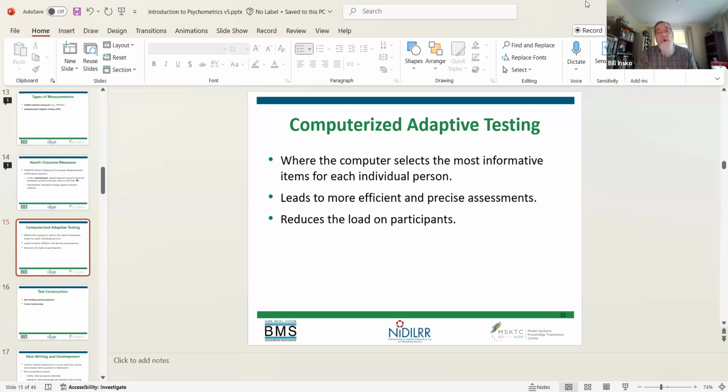And so if you can shorten an assessment and get essentially the same results, that's important, particularly in the research that folks do. Computerized adaptive testing allows you to do that. Instead of asking 50 questions, you only have to ask 20, and it hones in on that characteristic, or on the measure of that trait that you have.